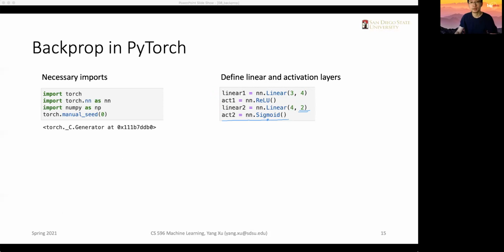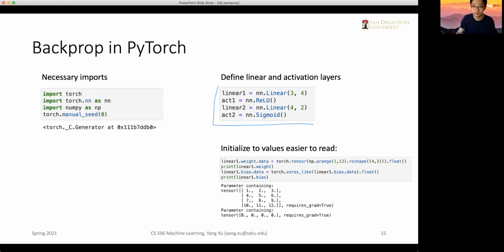After this part, let's call it a model, is defined, the next step is that we would like to initialize all the weight parameters just so that they are easier to read. Otherwise, after we have executed this line of code, the weights will be just random numbers.